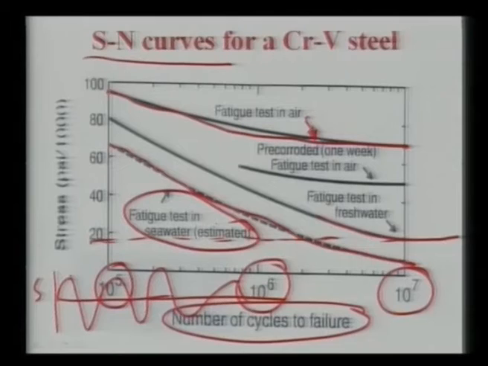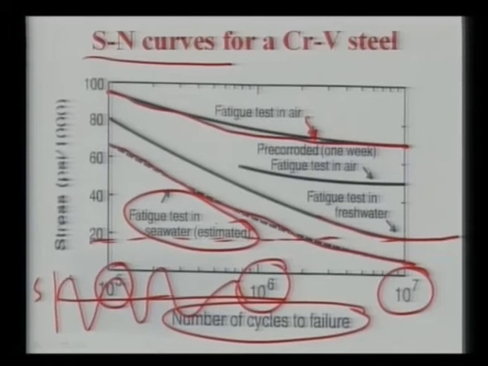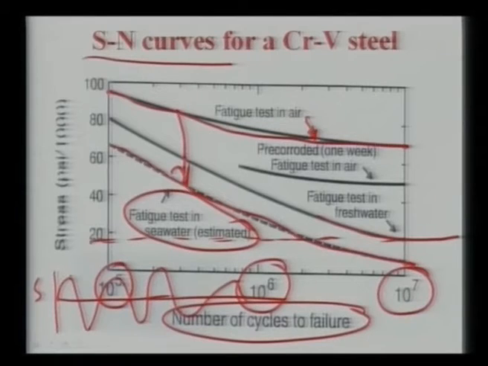Therefore, what you can predict from this is that you cannot really use the fatigue test data of any steel materials obtained in air, but you have to rely on the fatigue test data obtained in seawater, for example, so that you can conservatively estimate the typical fatigue life of that steel in real in vivo condition, because you can see there is a large decrease in the fatigue strength when you compare the fatigue data in air with that in seawater.